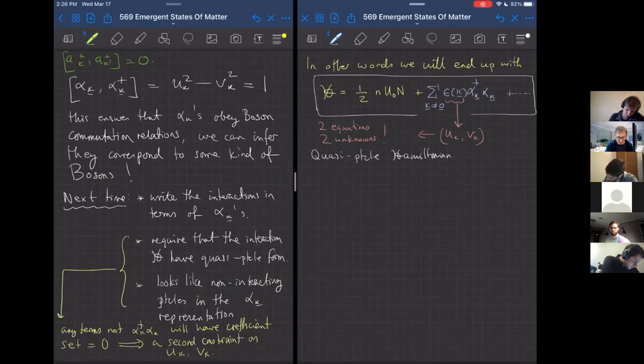So let's do the calculation. This is now what I'm going to call step 4. In step 4, what we're going to do is now substitute the formula for A as a function of the alphas into the Hamiltonian.